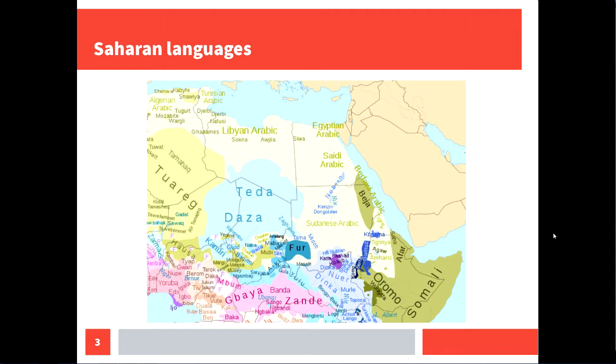So this here is a map of the linguistic situation in northern Africa. Saharan here is not clearly depicted, but it includes the Zaghawa language of Darfur and Chad, the Teda, Daza, Kanuri, and Kanembu languages of Chad, Libya, Niger, Nigeria, and I think parts of Cameroon.